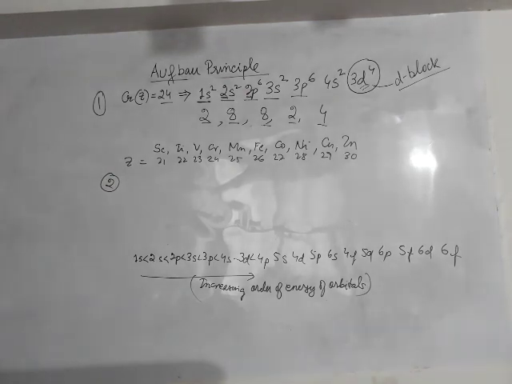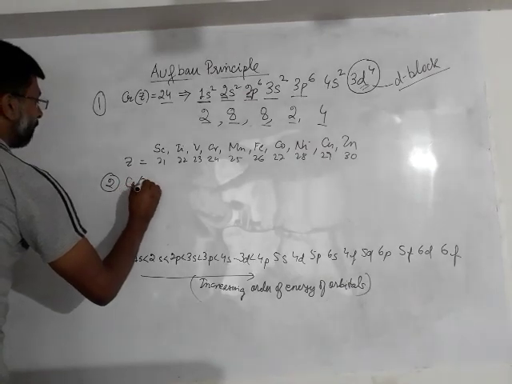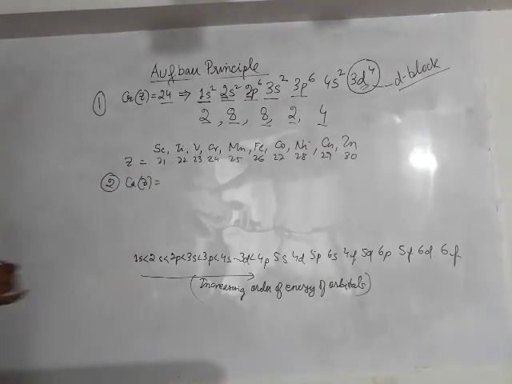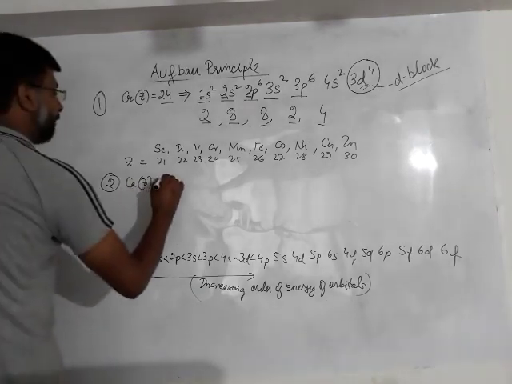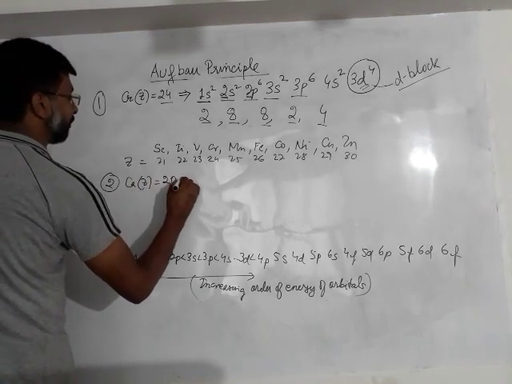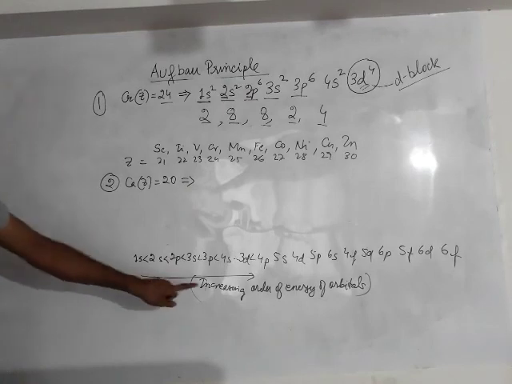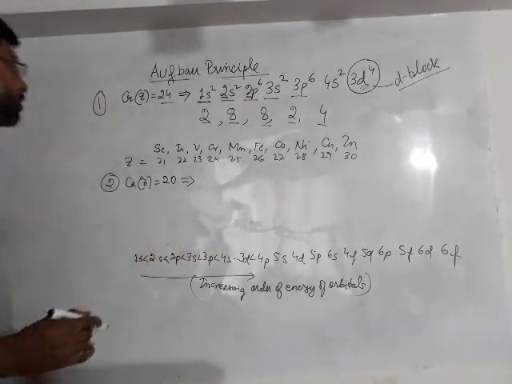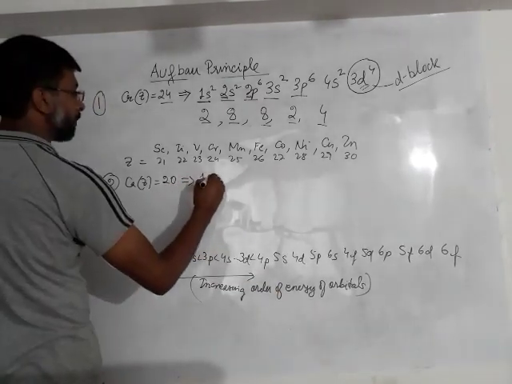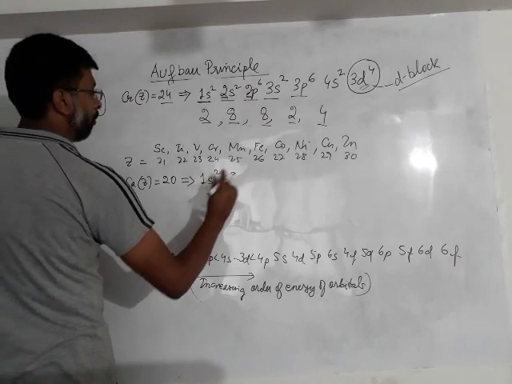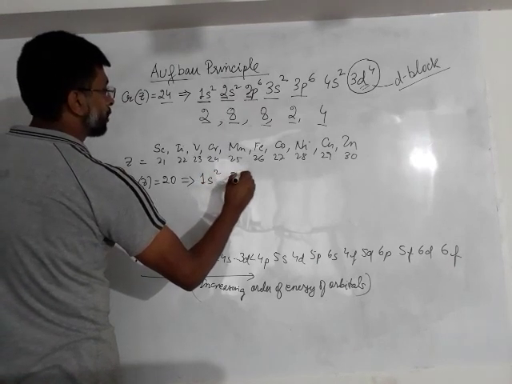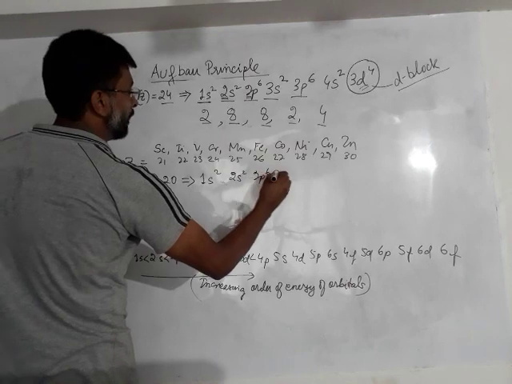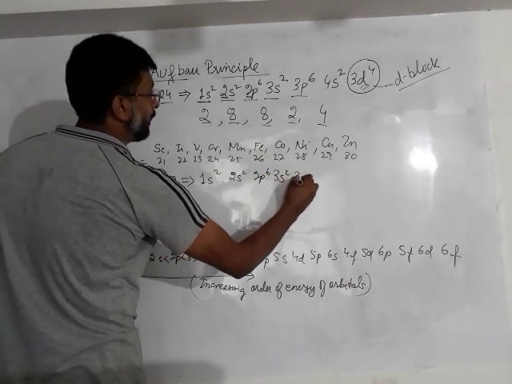For example, if I take calcium, the atomic number of calcium is 20. So let me write down the electronic configuration of calcium by using this increasing order of energy of orbitals. I will get 1s2, 2s2, 2p6, 3s2, 3p6.